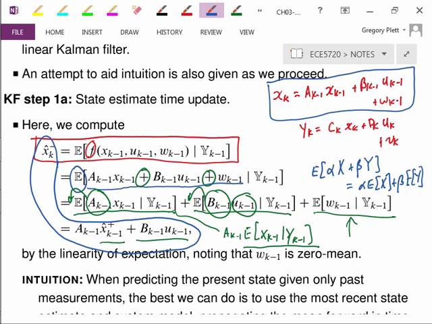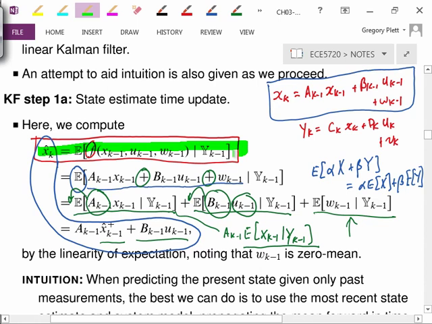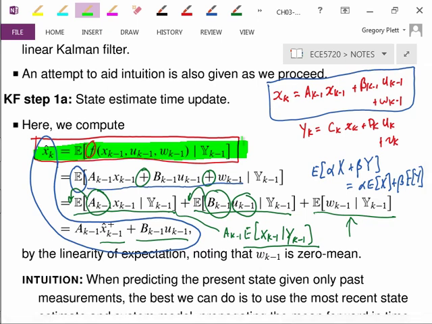Second thing to note is the general probabilistic inference solution for step 1a was this, which is not something I can implement in computer code because of that expectation operator. There's not a command that says find expected value of thing.